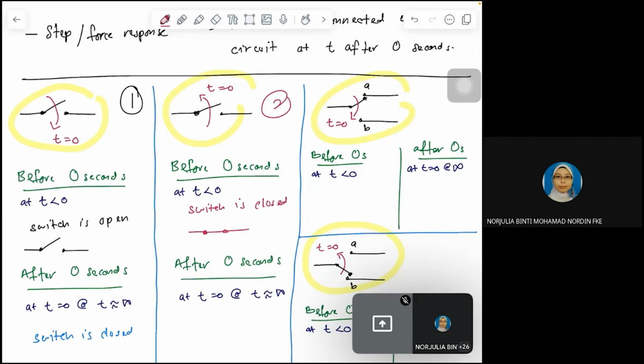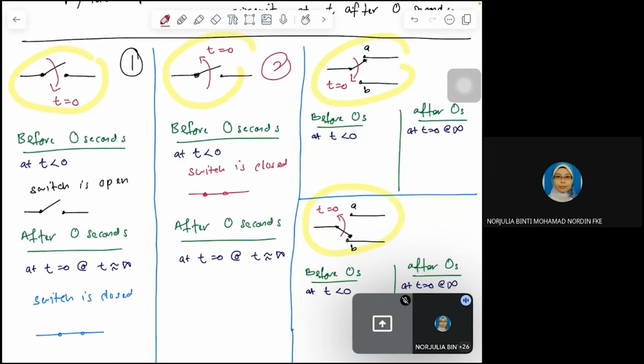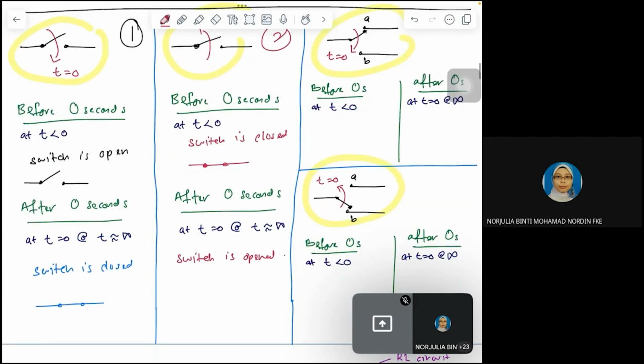After 0, or t greater than 0, or t approaching infinity, your switch is open. So the switch looks like it's open.